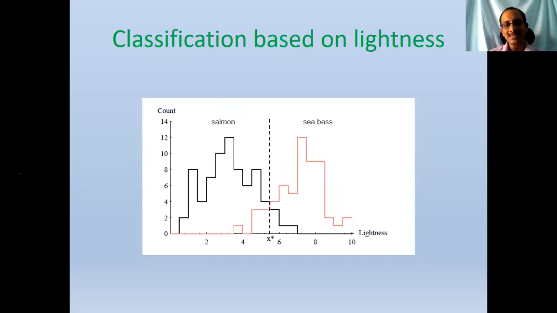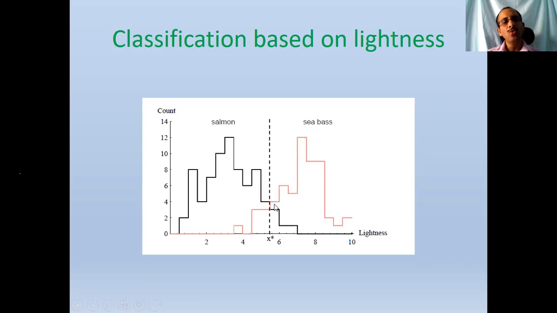As you can see, it is relatively better compared to length in classifying these class 1 and class 2 fishes. So there are fewer misclassified samples. As I said, feature selection also plays an important role. Still, in many tasks it is very important. It is dealt with in different ways, but it's still important.